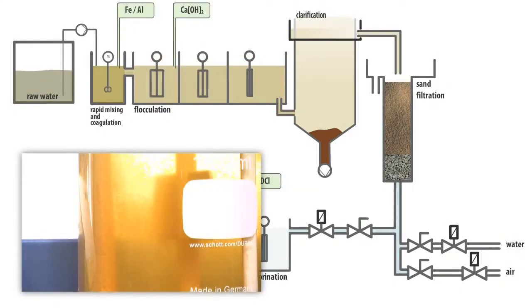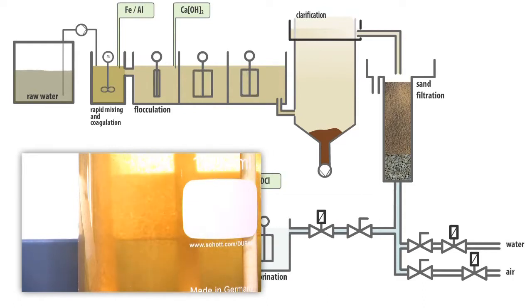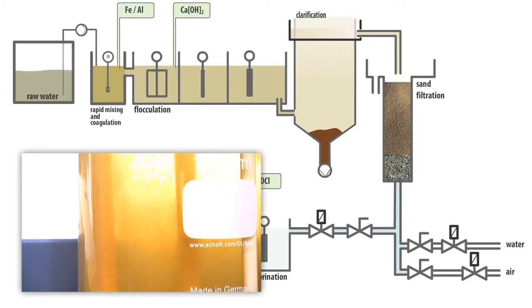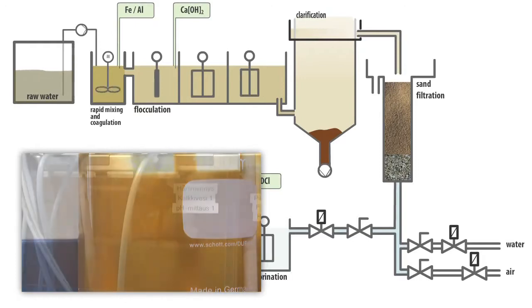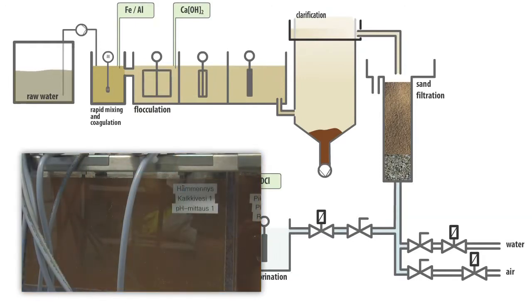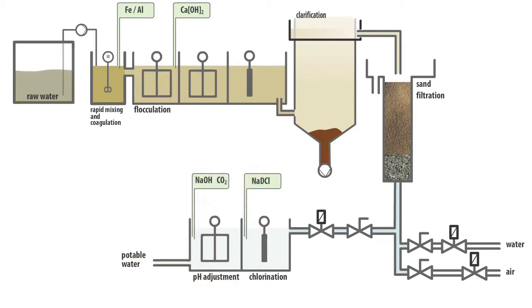Flocculation is the longer-term process of growing larger particles from smaller particles formed by coagulation. During the low-intensity mixing in 3 consecutive basins, colloidal particles are bound to the resulting iron hydroxide.